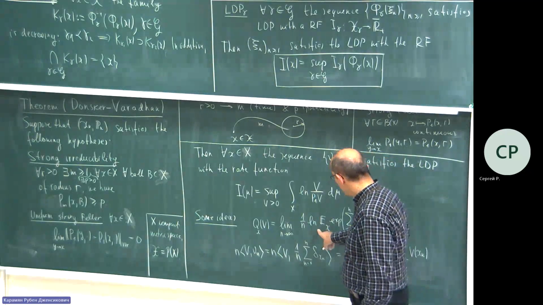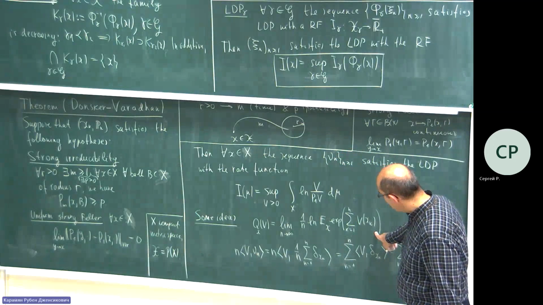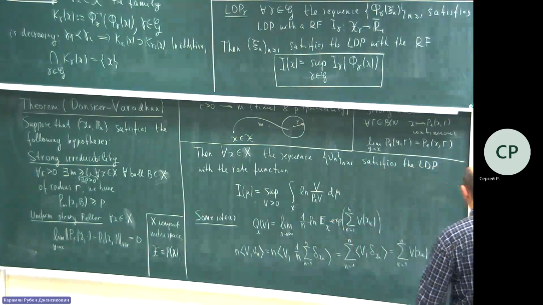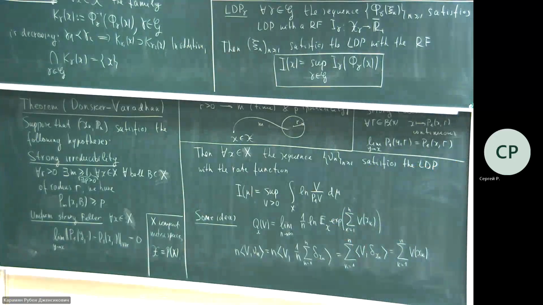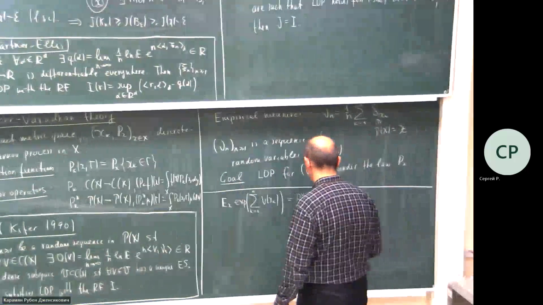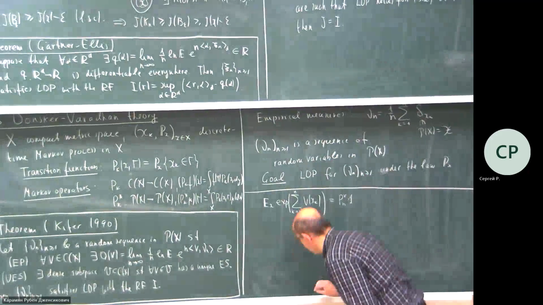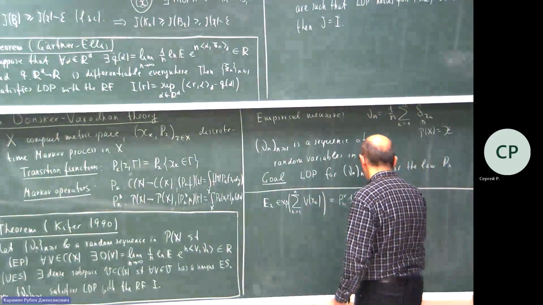Now, let me continue here. We have 1 over n times the logarithm of something. It turns out that the expectation of the exponential of the sum k from 1 to n of v of xk is equal to an operator, which I can formally write as P n v applied to the function identically equal to 1 at the point x.